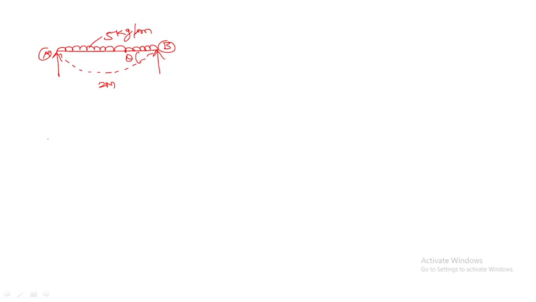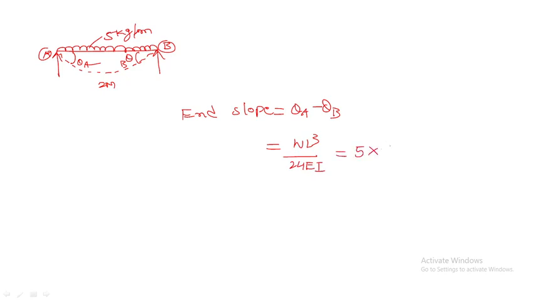So the end slope equals theta A minus theta B, the slope at point A and the slope at point B. We can write this as WL³ by 24EI, which is 5 into 8 into 24EI.